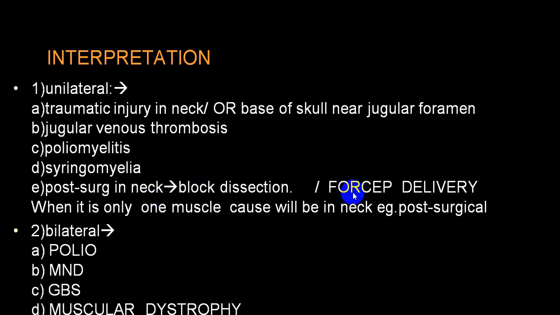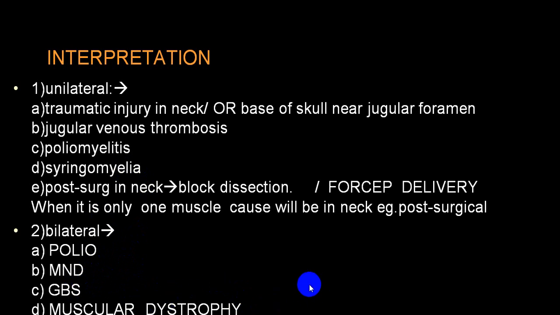Good number of times you see also a damage to spinal accessory during forceps delivery, but the days of forceps delivery are gone. Bilateral damage will be more common with bulbar poliomyelitis, motor neuron disease, Guillain-Barré. Also in case of syringobulbia, you can have a bilateral damage, and you can have involvement of muscles only in muscular dystrophy.